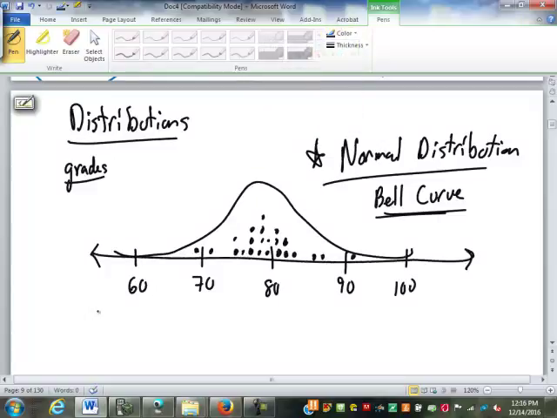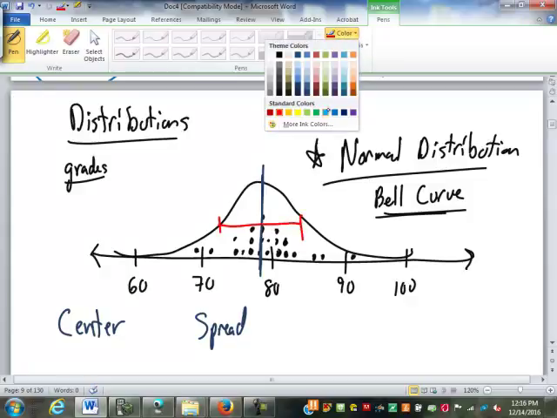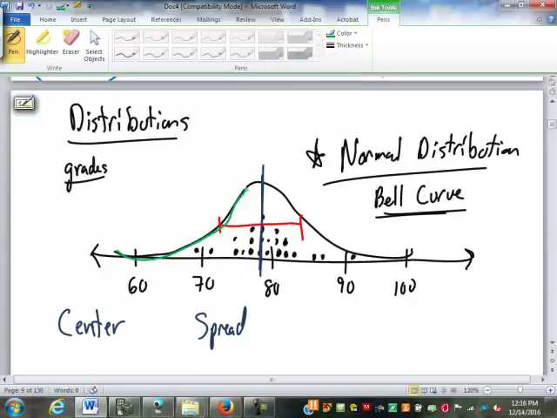So when we're talking about measures of center and spread, what we're talking about is where is the center of this curve. Here it looks like the center of that curve is about 78 or so. The spread is its width across there. So let's say I have another curve that looks like this, and it's sitting right here.